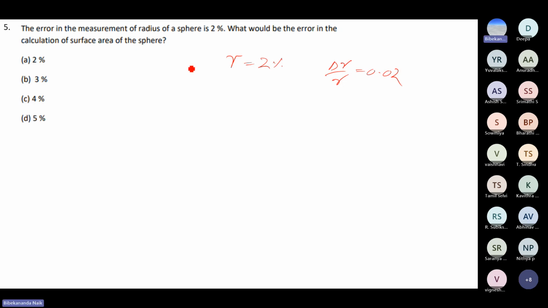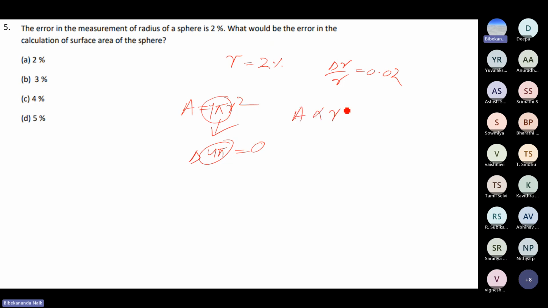Then simply when you talk about area of the sphere, it will be 4 pi r square. This 4 pi is constant, so the deviation is 0 and there is no error involved in 4 pi, so there is only r square.